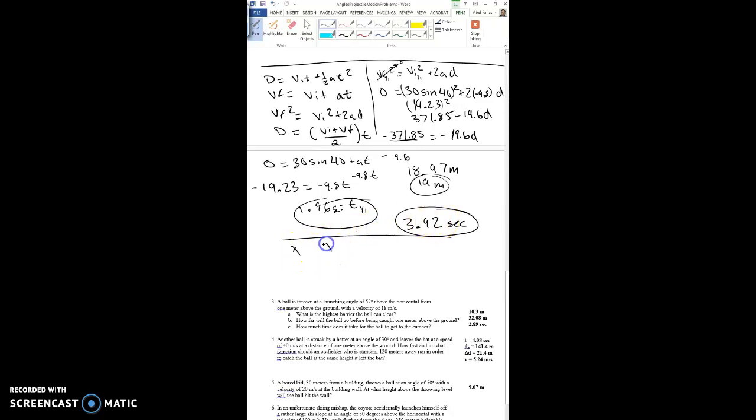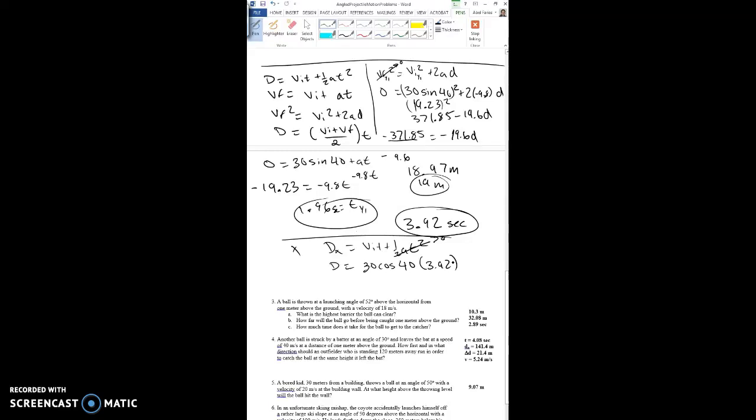So we just essentially use the kinematics equation: distance is equal to v initial times time plus 1/2 at squared. So here acceleration is 0, so this will cancel out. We have distance is equal to the initial velocity in the x direction, which is 30 cosine 40 times time, and our time is 3.92 seconds.